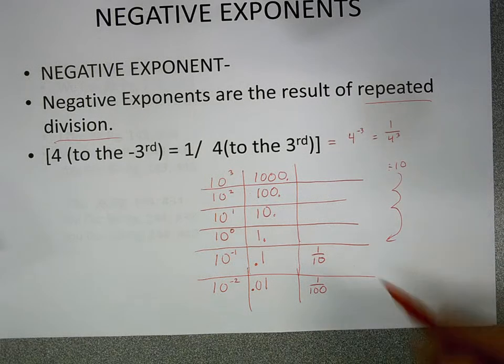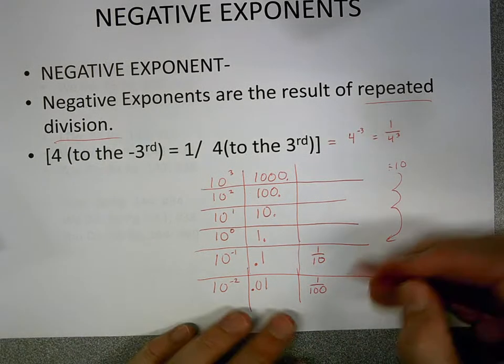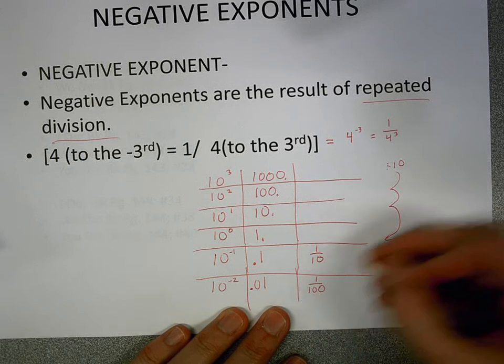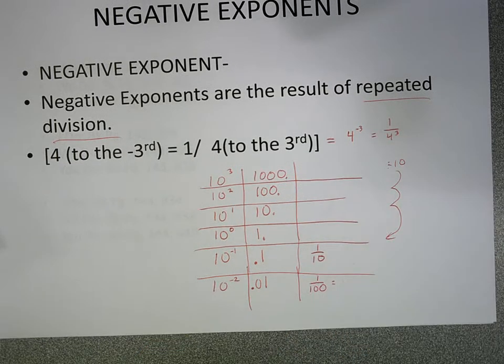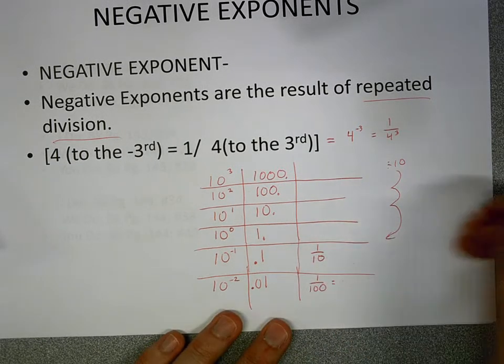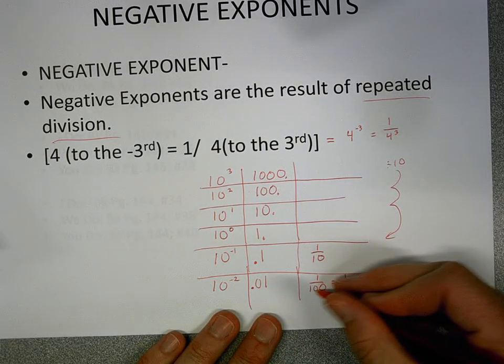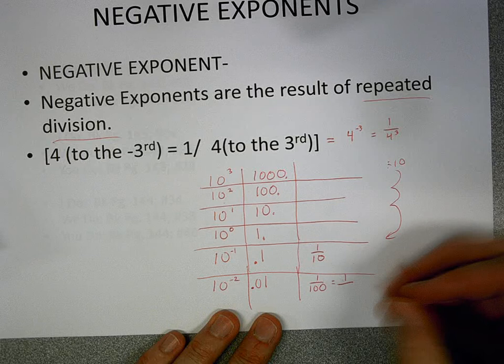Now, I'm going to take this second and show you what we have here. What we have, if you didn't realize it, is that 1 over 100 is 1 over 10 squared.